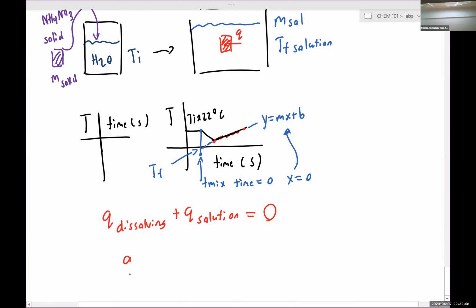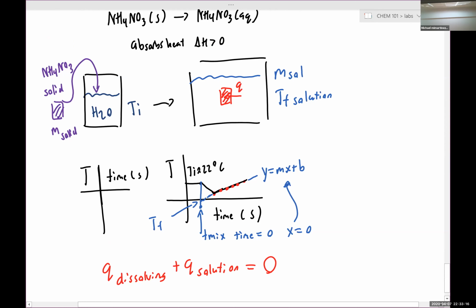We can solve for the Q dissolving, and that in turn gives us -1 times the heat released by our solution. Now, let's really focus on what components do we have in our solution?